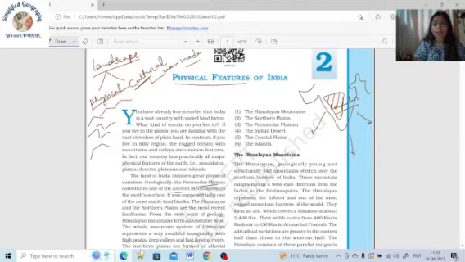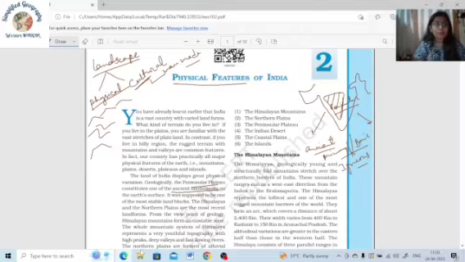It consists of one of the ancient landmasses on the surface of the earth. Why ancient land masses? Because in the chapter on rocks earlier, we have read that ancient rocks or primary rocks, or another term can be given, basic rocks, are known as igneous rock because it has formed for the first time on the earth.